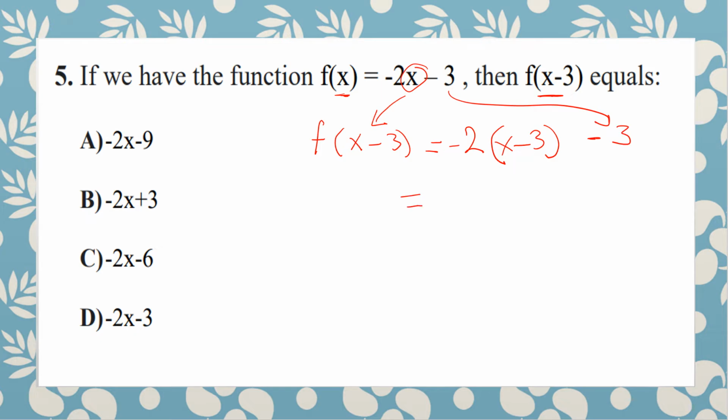This equals minus 2 times x, and minus 2 times minus 3 equals plus 6, and minus 3. So this equals minus 2x and plus 6 minus 3 equals plus 3. So the correct answer is B.